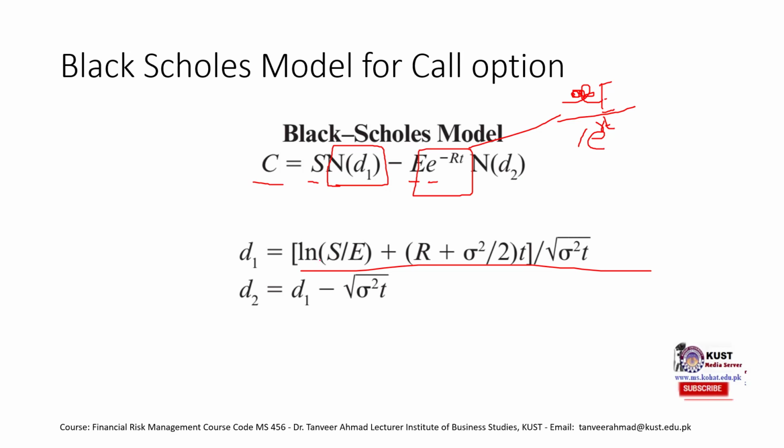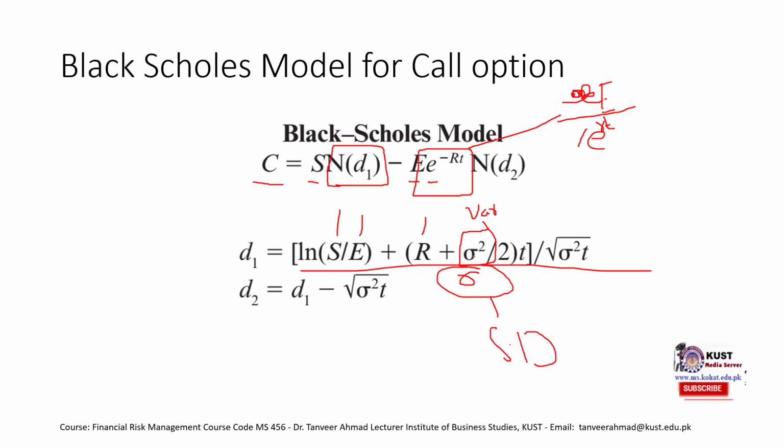d1 would be determined using this formula. It is the natural log of spot price divided by exercise price, plus the risk-free rate plus the variance. Remember, sigma square is used for variance, whereas simply sigma is used for standard deviation.